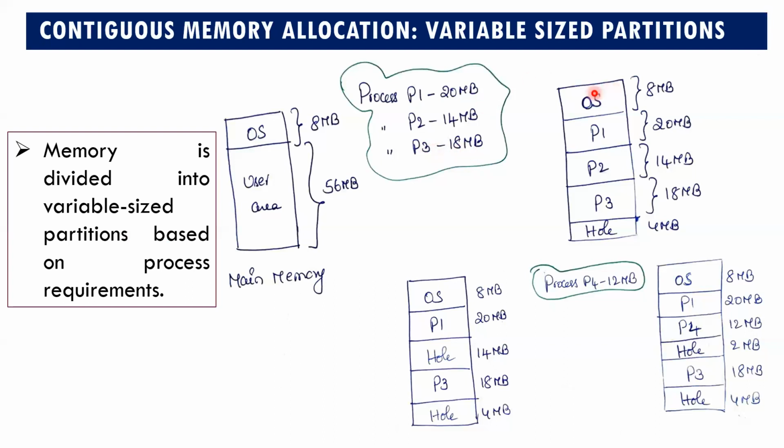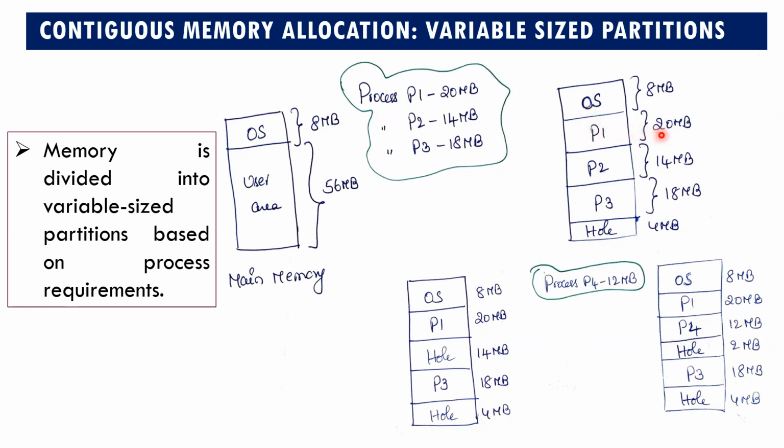Now, whenever process 1 has to be allocated memory by using variable sized partitions, we simply allocate the user space that is available after the operating system is loaded.